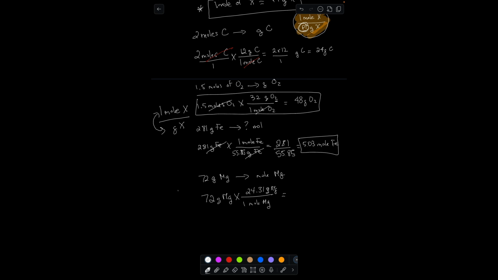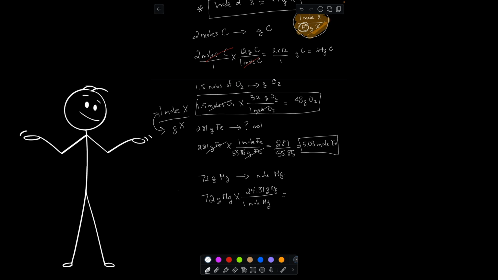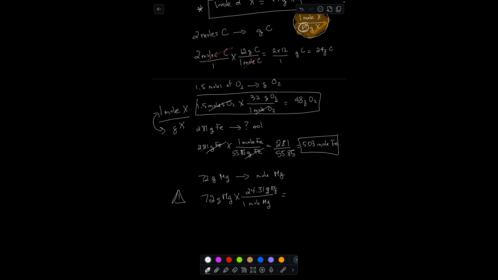Now I'm going to stop here. Hopefully you realize that I did something wrong on purpose. What did I do? Can you tell? That's right, I put it in the wrong place, because with moles over here, I cannot cancel these two out because they're not the same, you see? And so therefore, moles cannot be at the bottom. Instead, it has to be at the top.